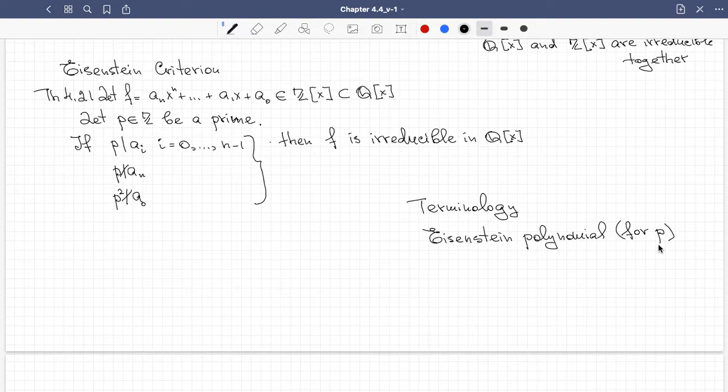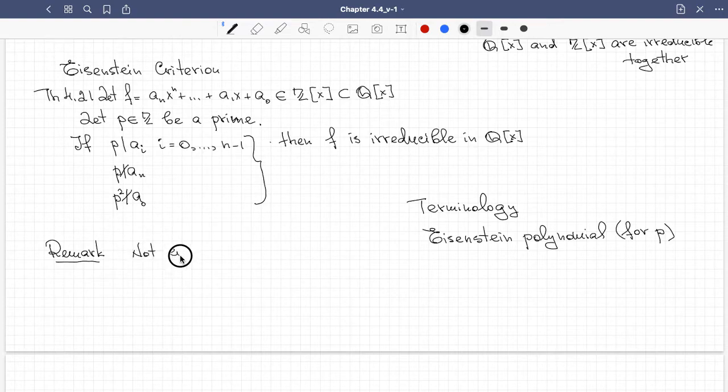I immediately have to say that although this is a very useful and powerful criterion, not every irreducible polynomial is Eisenstein. So that's a remark. Don't get misled by this theorem. The converse is definitely false.